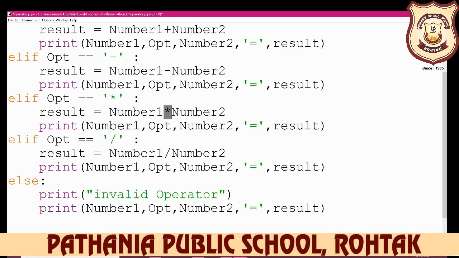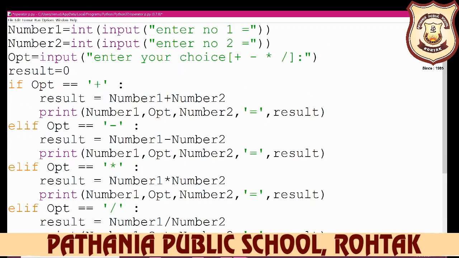After that you write down elif again, if divide, if the user chooses the division operator, then we divide number 1 by number 2, and the result will be displayed. Otherwise, if the user inputs an invalid operator like star, ampersand sign, bracket, 9 0 x y z, anything, then else. So you write down here else.